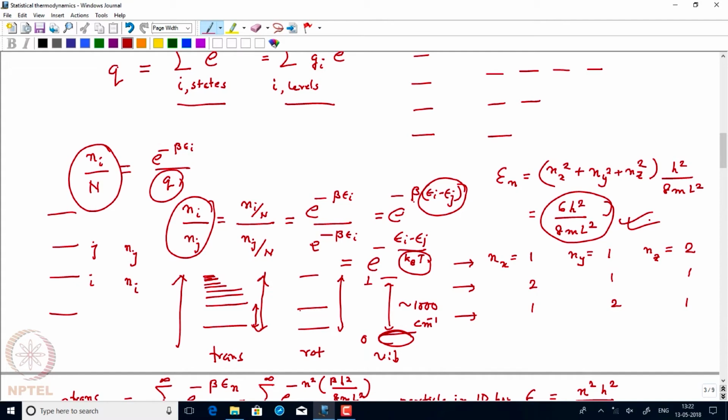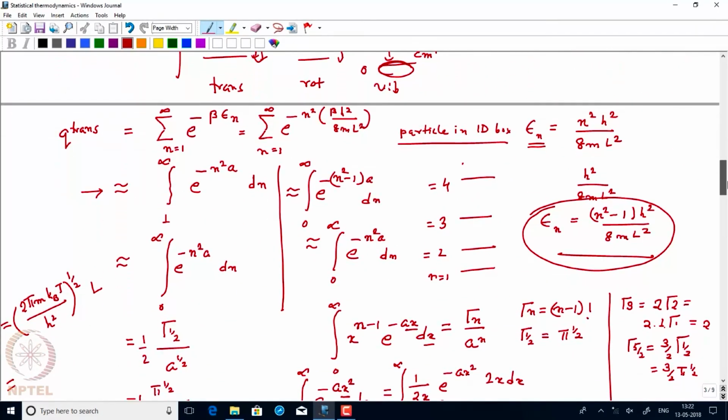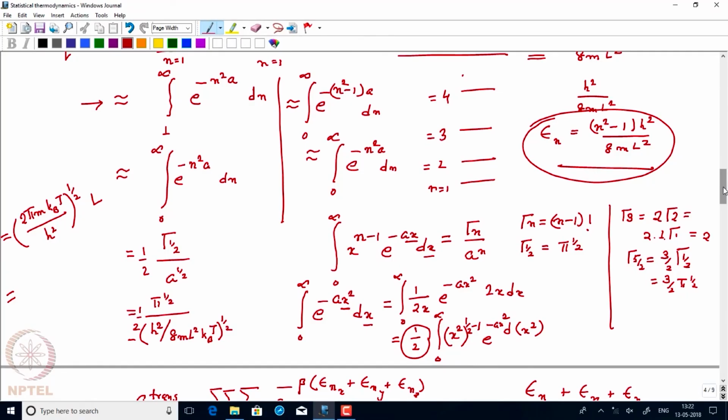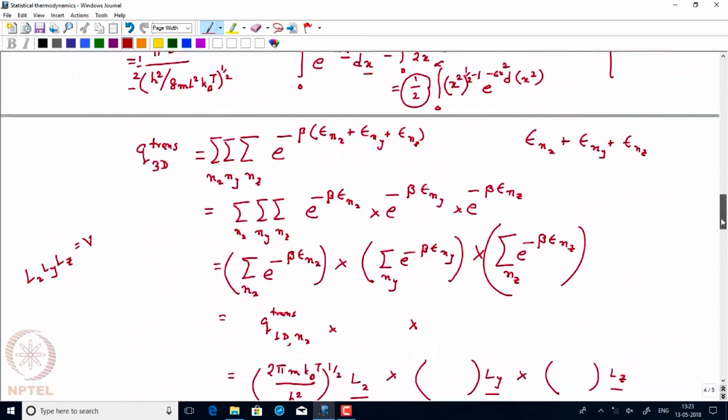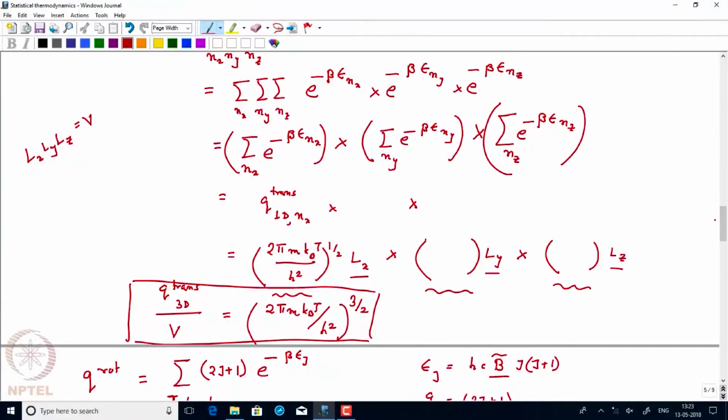But then we found that this is actually composed of 3 energy states. And how did we get it? Because the translational energy in 3D is basically the addition of the energies of the 1D, and that's why the energies are additive. That's why the partition function came in a multiplicative way, and that's why we got the q to the power 3 by 2 term, which we derived at some stage.